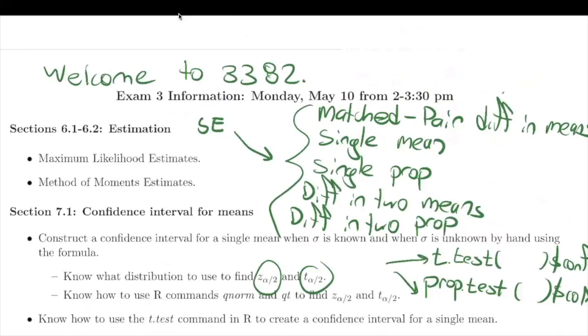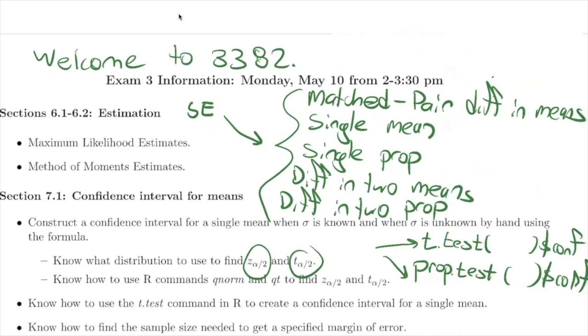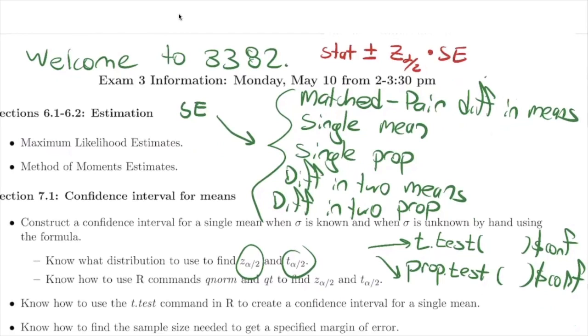But the one thing that is the same in all of these cases is that our confidence interval we get by taking the statistic from our sample and then going plus or minus Z alpha over 2, or, I don't know how to write this in here, this might be T alpha over 2 if we're working with means and we don't know the population variance.